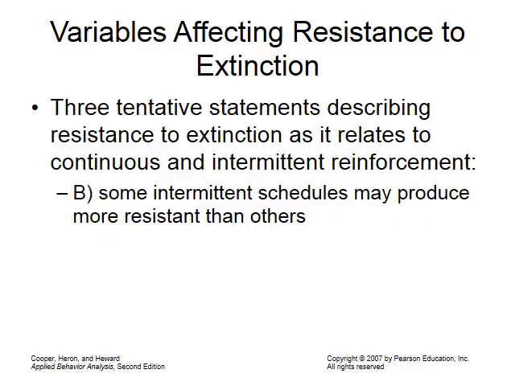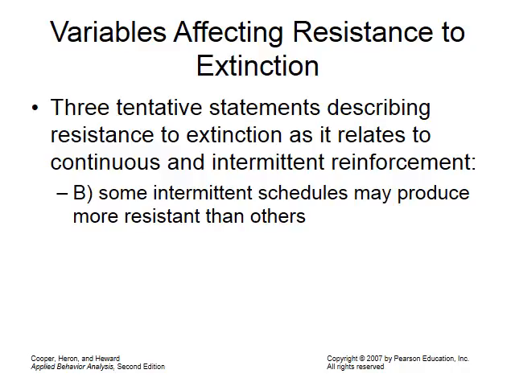Another statement in regards to continuous versus intermittent reinforcement is that some intermittent schedules may produce more resistance to extinction than others. So variable schedules are going to produce greater resistance than fixed schedules because, again, with the fixed schedule, the student or the organism kind of knows when that reinforcer should be coming.